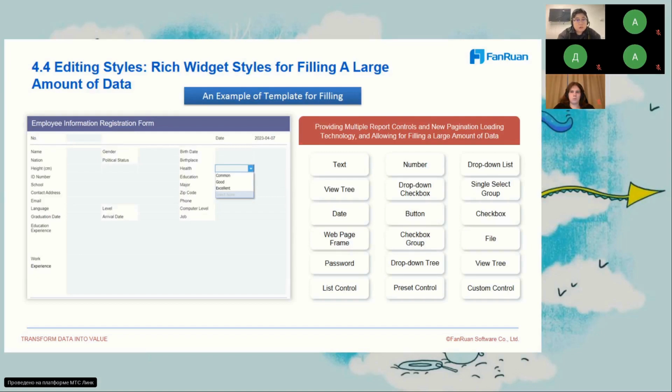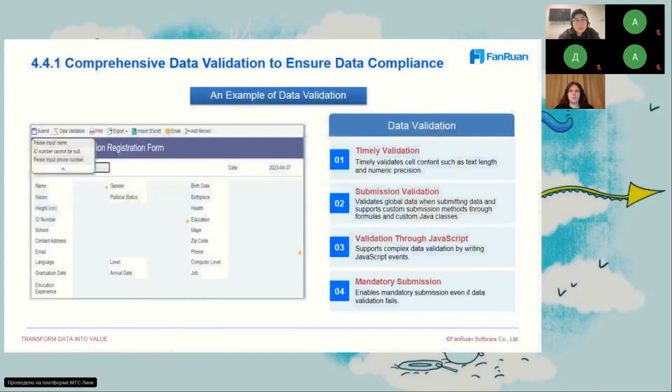Also, we support a lot of types, for example, text, number, phone number, check box, button, password, and so on. We have a lot of widget styles to fill it. And also, we have validation for the data entry.